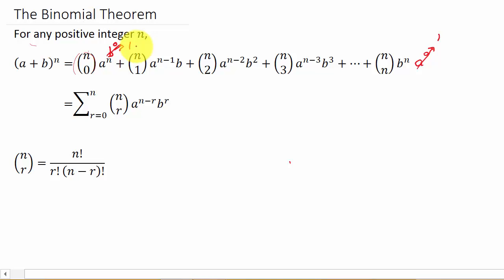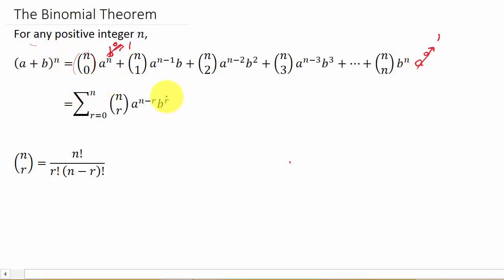So the a exponent starts at n and decreases all the way to 0. And the b exponent starts at 0, which we don't write, we just leave it off or write it as a 1. Then it goes to 1, 2, 3, all the way to the nth power.